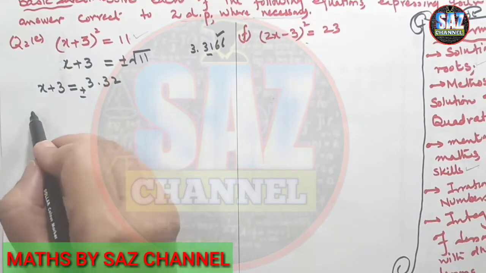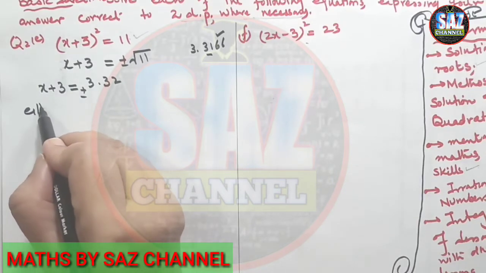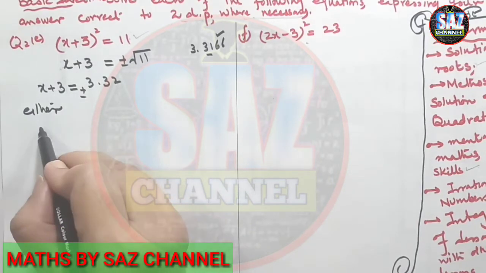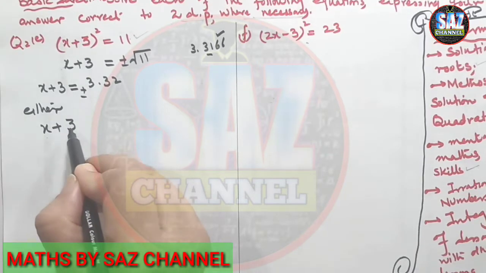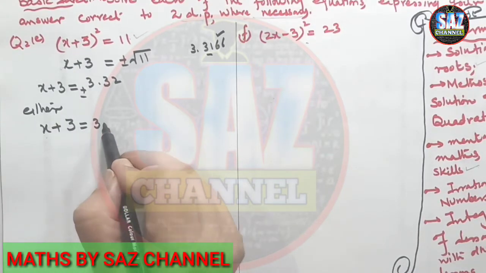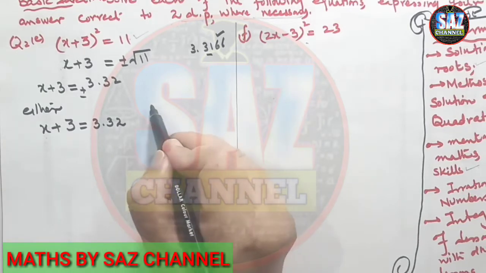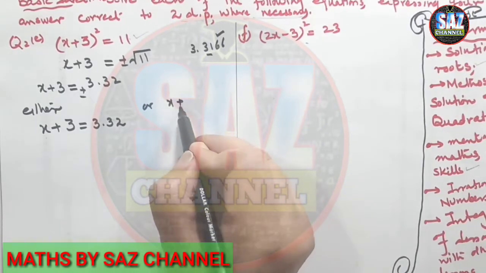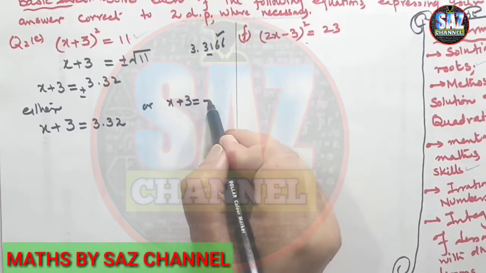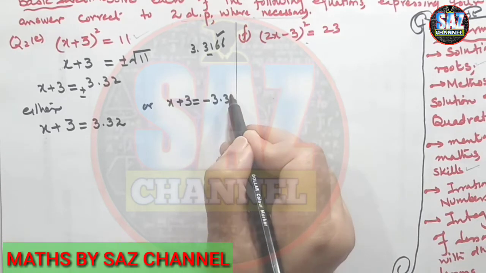Now in order to solve this question, I have to apply the either-or condition: either x plus 3 will be equal to 3.32 or x plus 3 will be equal to minus 3.32.